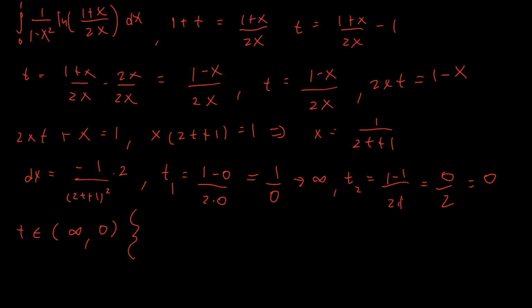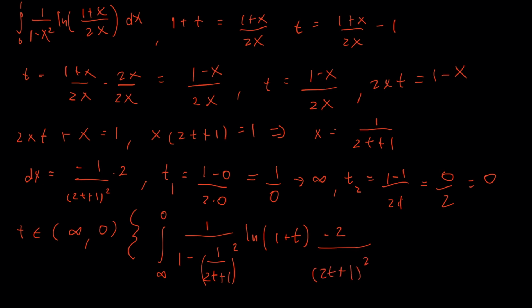And from this, we could transform the integral now. So we have the integral from infinity to 0 of 1 over 1 minus x, but that's going to be 1 over (2t plus 1) quantity squared, the natural log of 1 plus t. dx is negative 2 divided by (2t plus 1) quantity squared dt.